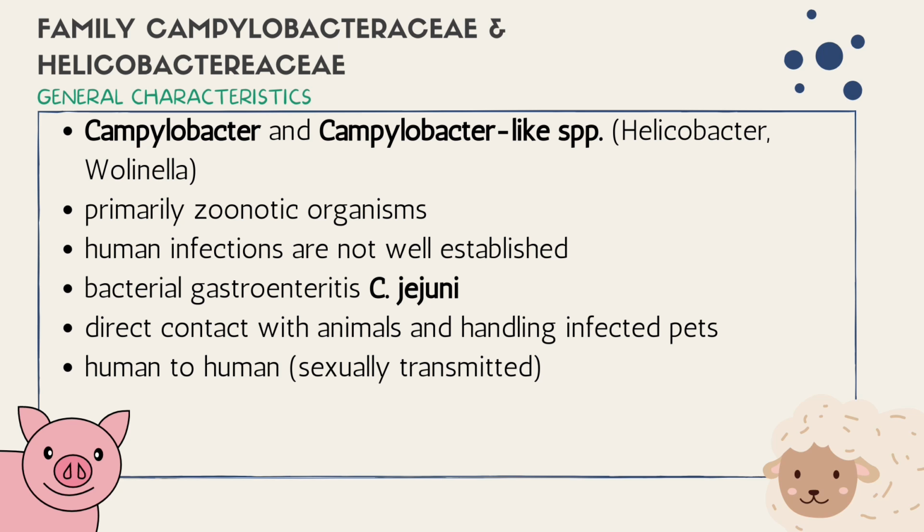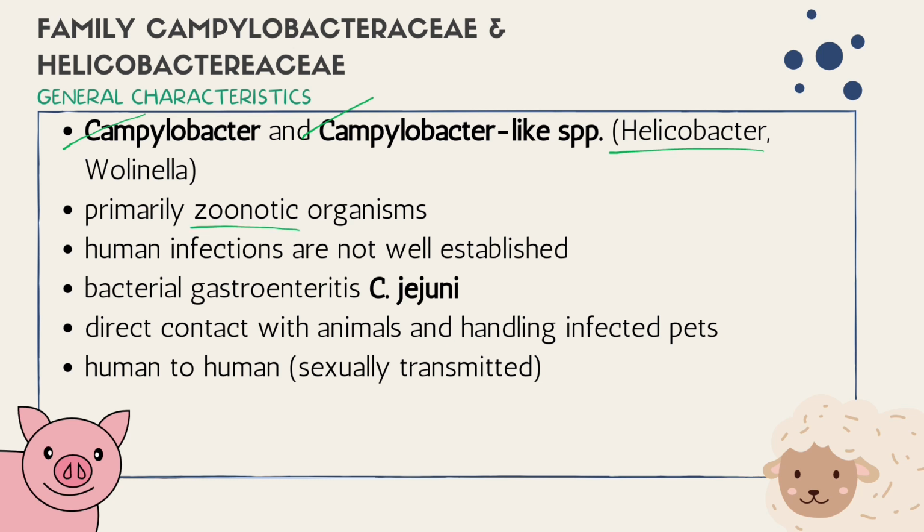So let's go with the second, miscellaneous enteric pathogens, and that would be the Campylobacteriaceae and Helicobacteriaceae. For this module, we will be dealing only with organisms under your Campylobacter and Campylobacter-like species such as your Helicobacter. These types of organisms are zoonotic in nature.